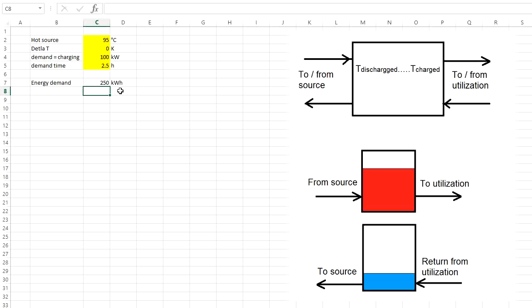But instead of kilowatt hours, it is more comfortable to calculate with kilojoules. So 1 watt hour is 3600 watt seconds. So 1 kilowatt hour is 3600 kilowatt seconds, and kilowatt second is kilojoule.